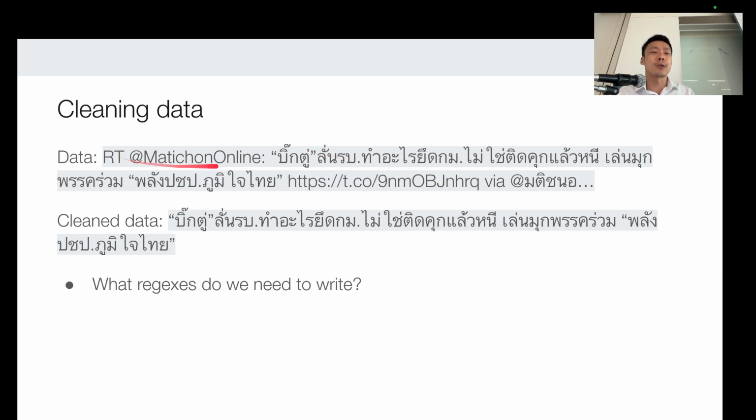You can do one here for the URL, and the third one here for via at, okay? Write 3 regexes so that we can match these and remove them. So at the end, when you apply it to your data, it should look something like this, okay?